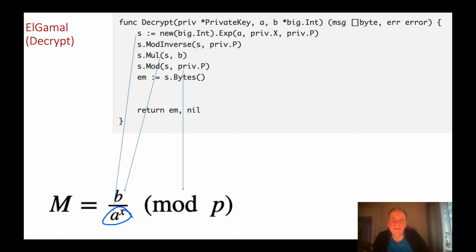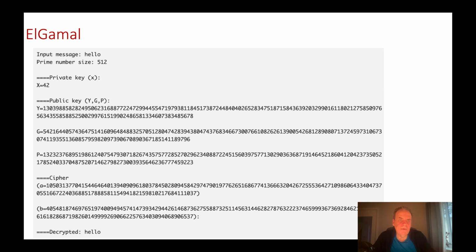To get the inverse, we do a modular inverse of a to the power of x to give us this value here, and then we basically just multiply it together to give the value. So it's not really a divide, it's a modular inverse to get the a to the power of x. Then after that, we should have our message back, we convert it to bytes, and we're okay. So that's the standard form that we would have for our ElGamal.